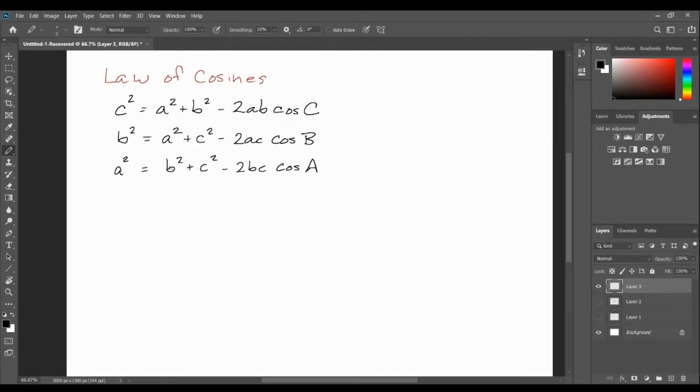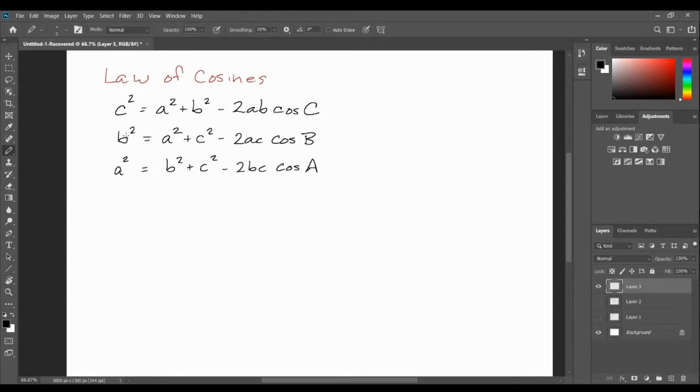So let's talk about the differences between these. You'll see they're not great, the differences. In each case, we've got three letters, A, B, and C. If we look at c squared, and to be honest, I only memorized this first one. Since we can label these sides and angles whatever we want, I just go with C on this side and I label my triangle appropriately. But we've got c squared equals the sum of the squares of the other two sides minus 2 times the product of those two sides times the cosine of the angle opposite the side that's on the left-hand side of the equal sign.